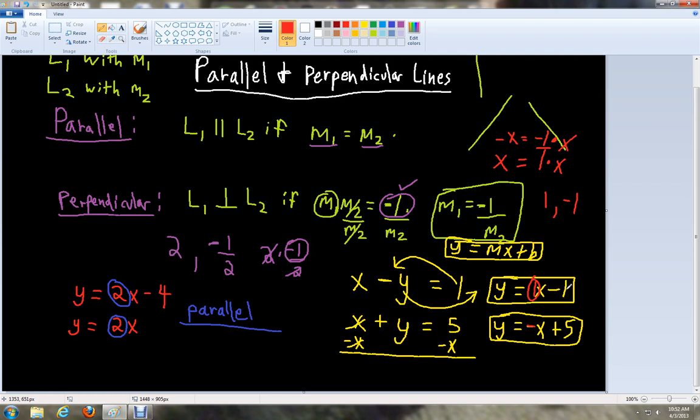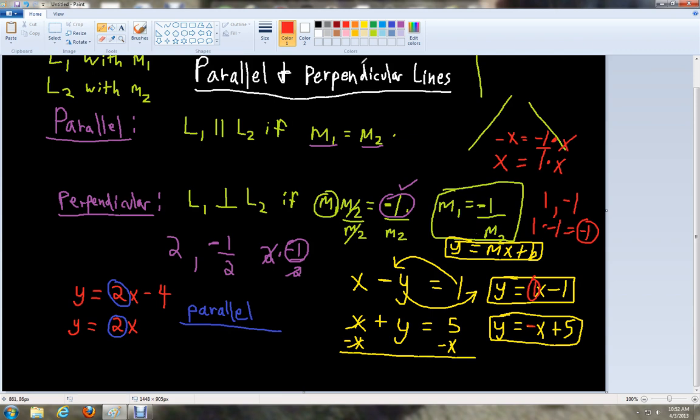So we already determined these slopes are not equal, so it can't be parallel. So maybe it's perpendicular. And so if we multiply the two slopes together, 1 times negative 1, we get negative 1, right? And so that fits the criteria for perpendicular lines.